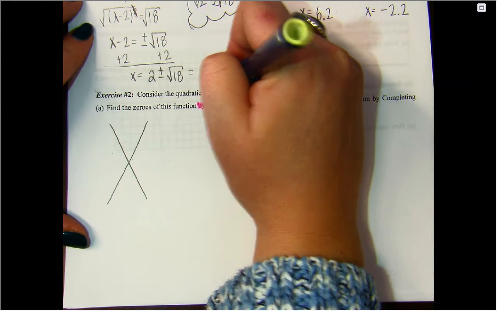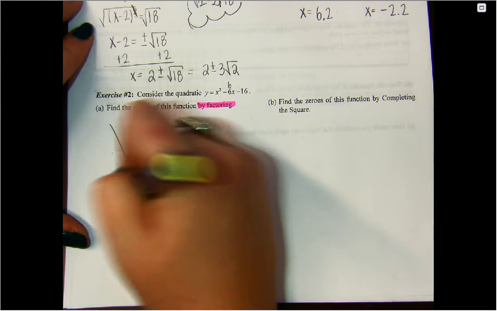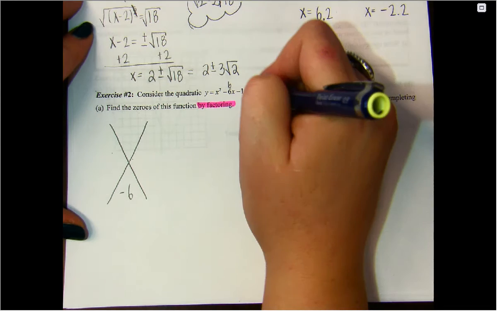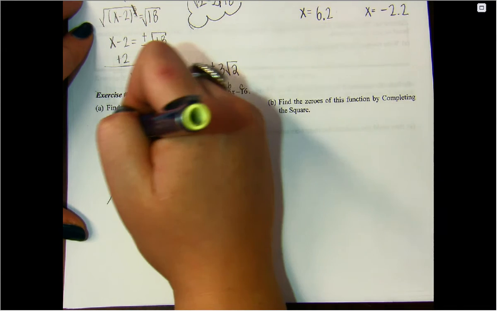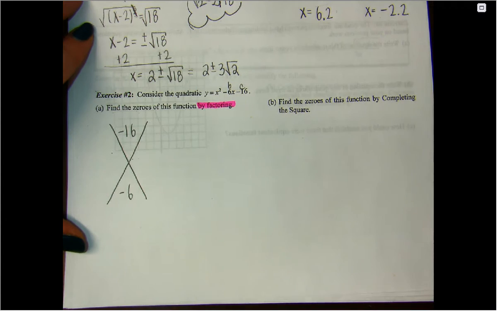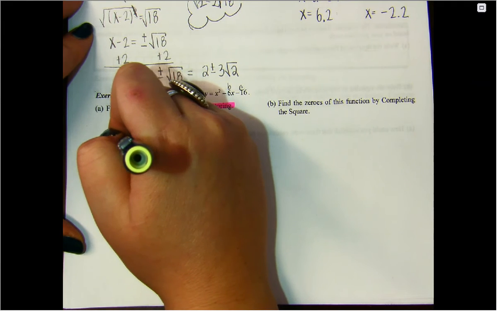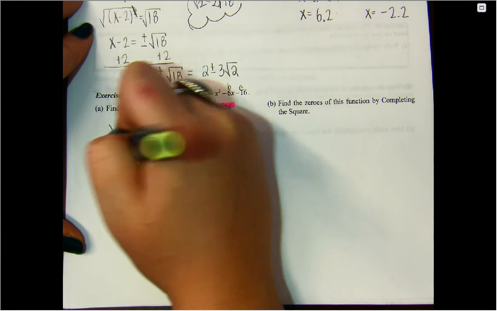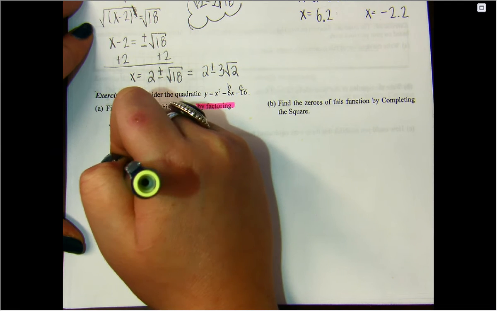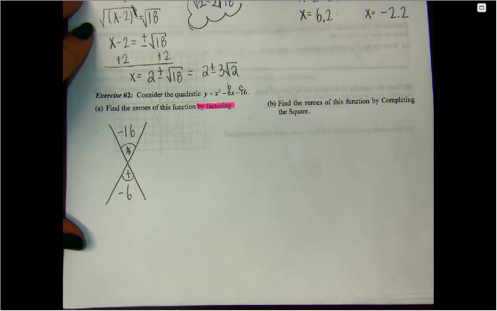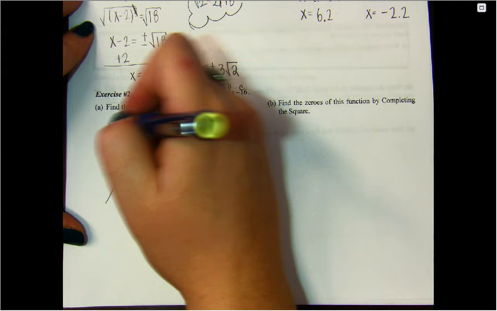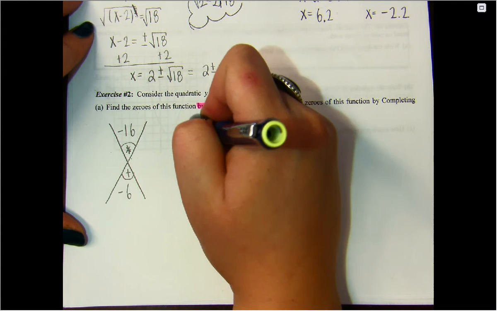This B stands for bottom, so we're looking at negative 6 at the bottom. This C goes on top. And remember I'm looking for two numbers that multiply together to give you negative 16, but add to give you negative 6. Well, let's do our factors of 16.